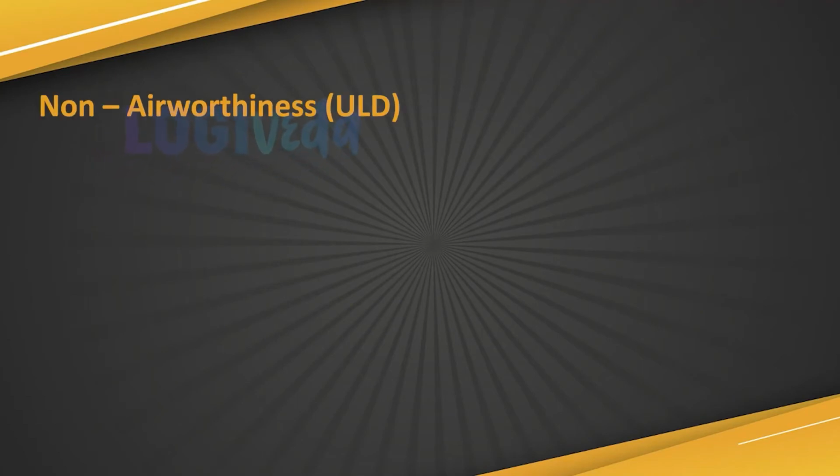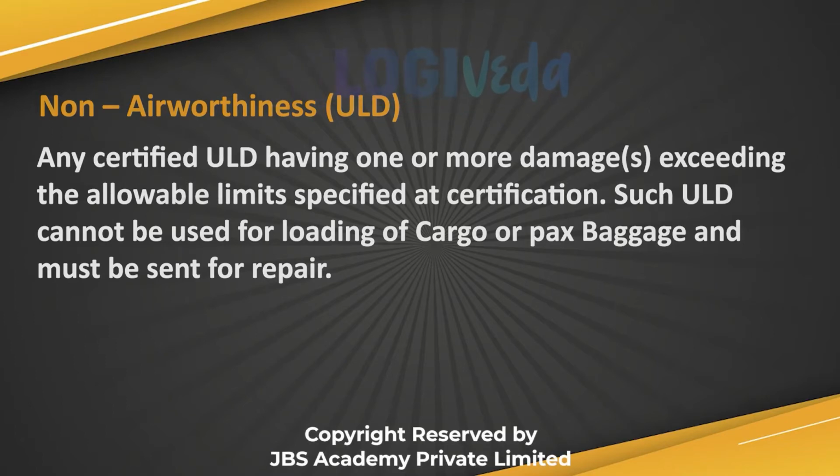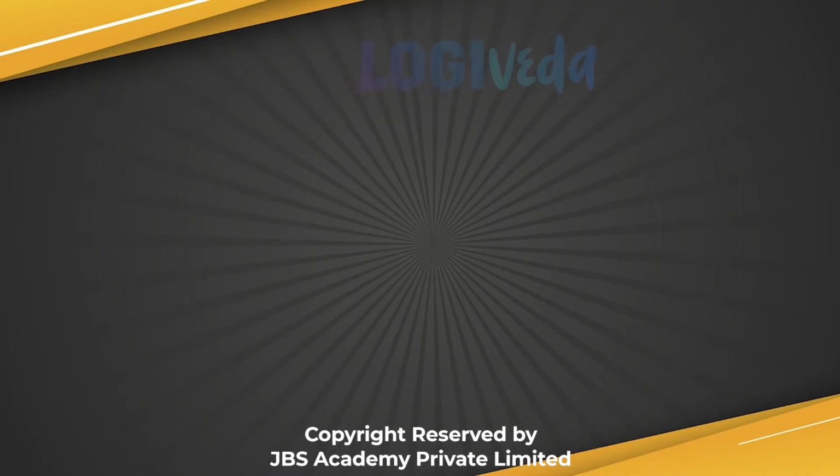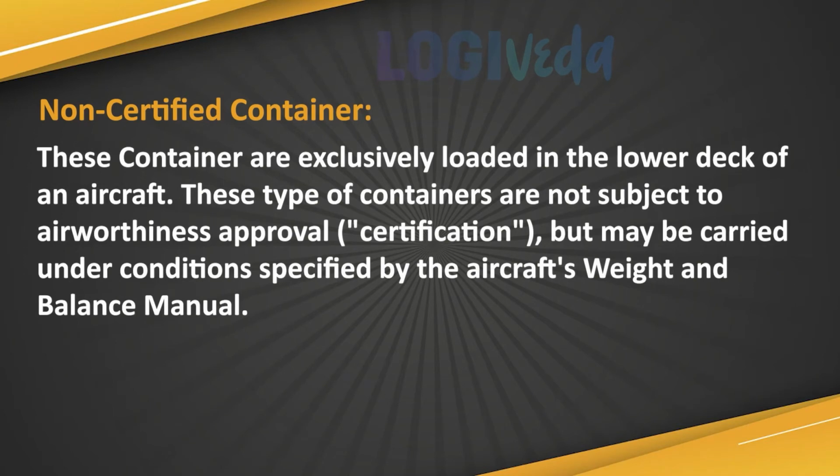Non-airworthiness of ULD. Any certified ULD having one or more damages exceeding the allowable limit specified on the certification label, such a ULD cannot be used for loading of cargo or baggage and must be sent for repair. Non-certified container. These containers are exclusively loaded in the lower deck of an aircraft.